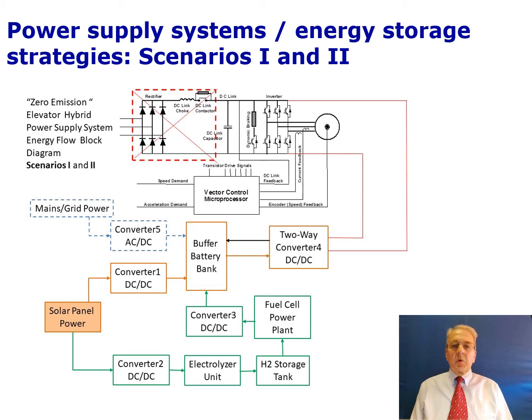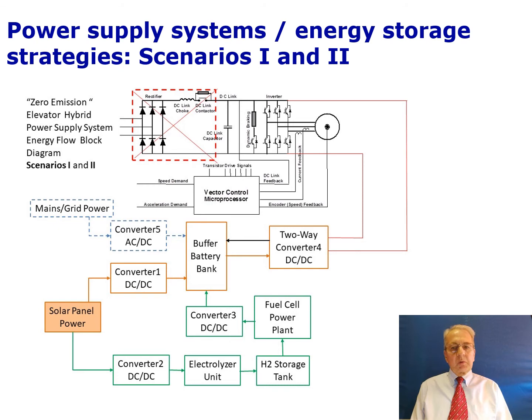At the equator location, solar panels charge a battery bank, which covers the daily energy requirements. The yellow path applies, and what is involved are the solar panel, converter 1, buffer battery bank, two-way converter 4, and the drive.